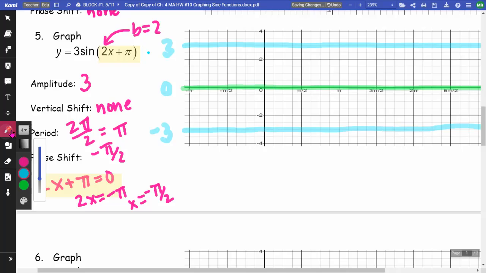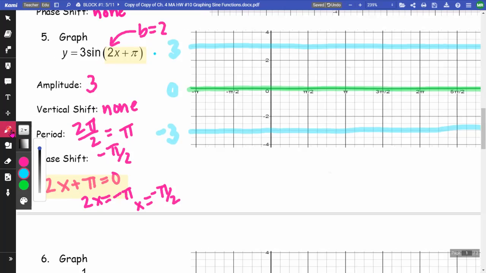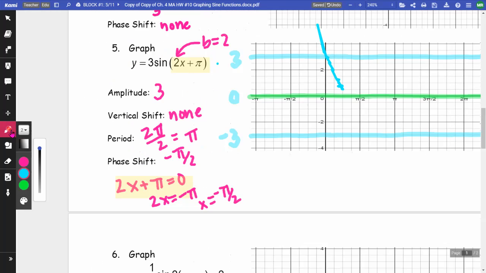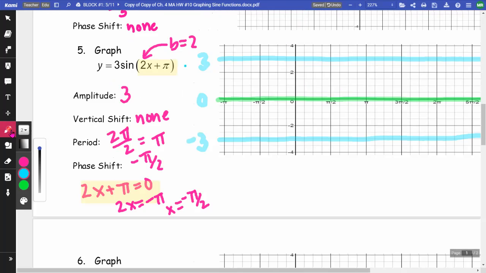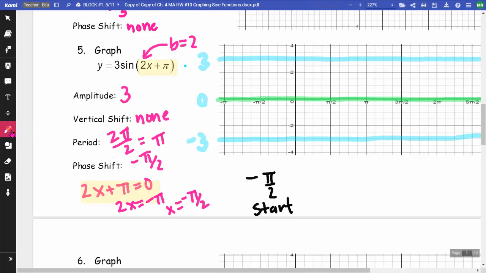And then I need to figure out where I'm starting and stopping on this. I am starting at negative pi halves. Okay, that's my start. That's where my phase shift is. I am going to go pi away. And when I work that out, that's really negative pi halves. So again, this is my period.